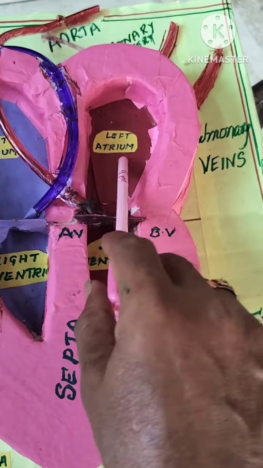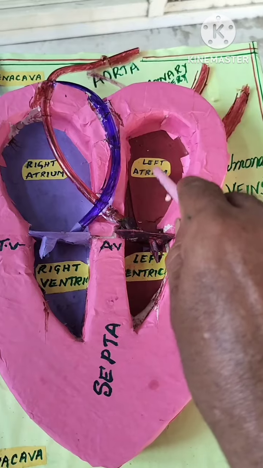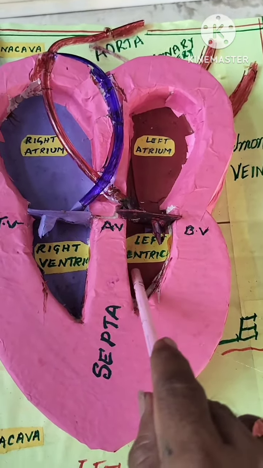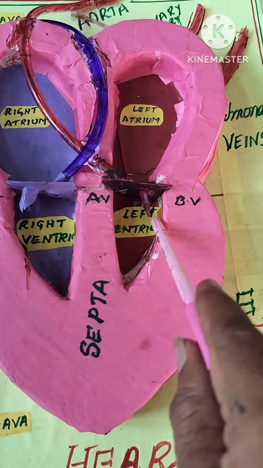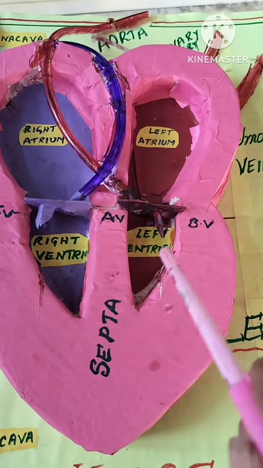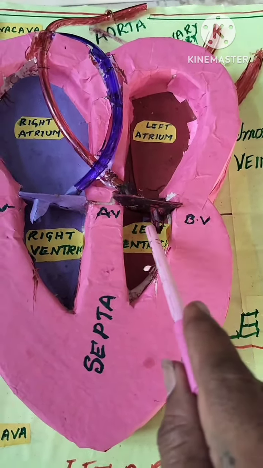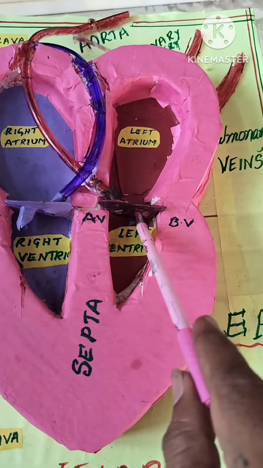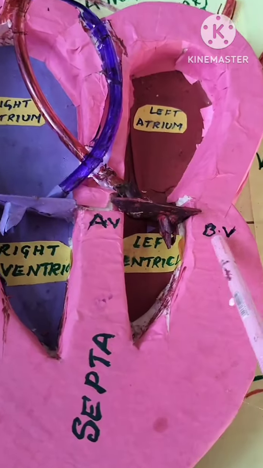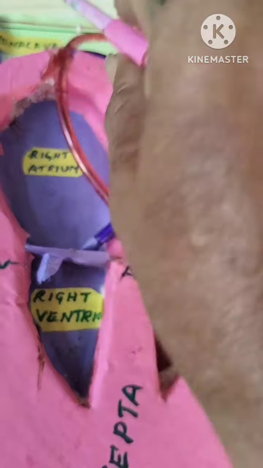This oxygenated blood enters into the left atrium, and then the oxygenated blood enters into the left ventricle through a bicuspid valve which is present in between the left atrium and left ventricle. This bicuspid valve is also called the mitral valve. Then the oxygenated blood enters into the big aorta.